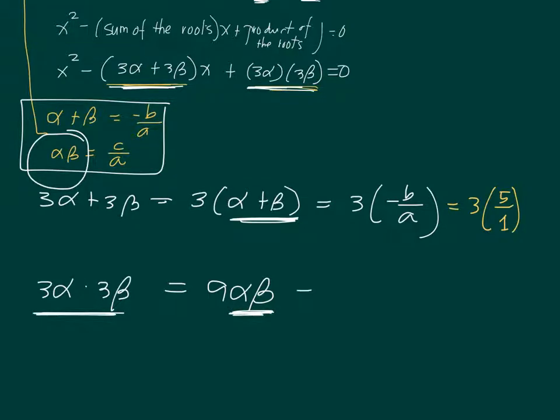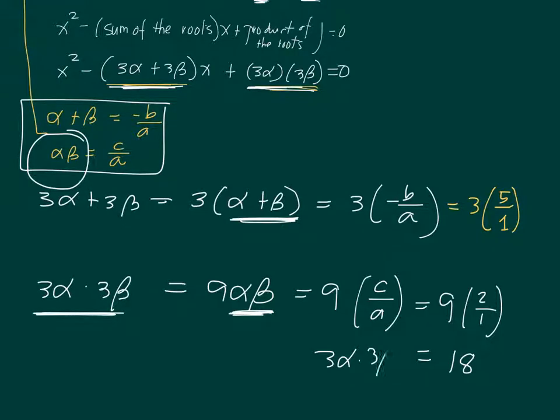Once you have alpha beta, that's c over a of the given equation, and c over a of the given equation is 2 over 1. 9 times 2 over 1 is 18. So 3 alpha times 3 beta is just 18. That will supply this part of the equation. So the equation is x squared minus 15x plus 18 equal to 0.